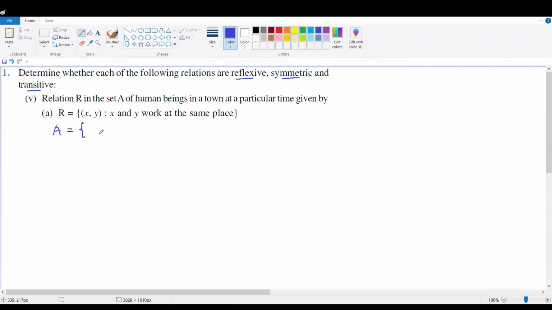All the human beings, where x is a set of all human beings in a town at some time.